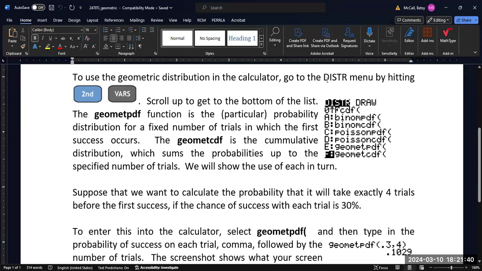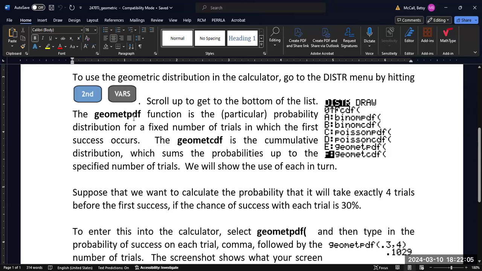Now, again, we get all of our distributions from the distribution menu, which is second, and then the vars key. So it's the one next to the clear button on your calculator. And there are two geometric distribution functions way down at the end of the list, the geometric PDF and the geometric CDF.